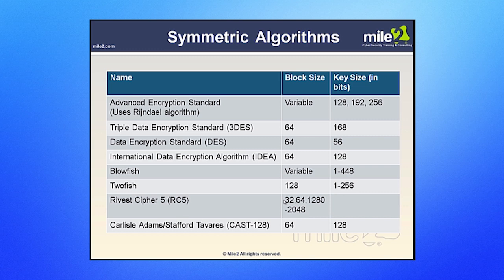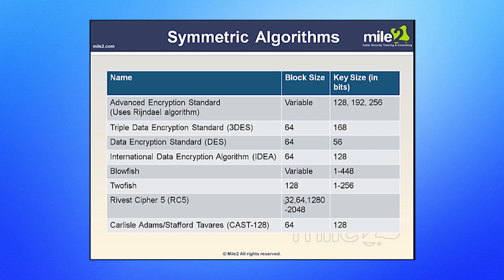With the Advanced Encryption Standard, the block size is at least 128 bits and up. When you look at the key sizes, 128, 192, 256. Also, when you look at the creators of AES, the 2 creators, if you put their names together, you get Rijndael algorithm. So in many places you'll just see Rijndael and not AES.